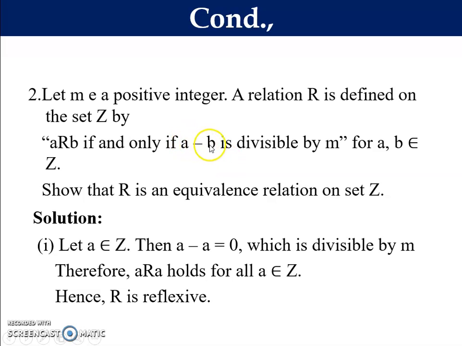So when I substitute a minus a, the value is 0, which is divisible by m. Therefore, we can write a R a, that is a related to a, holds for a belonging to Z. Therefore, R is reflexive.